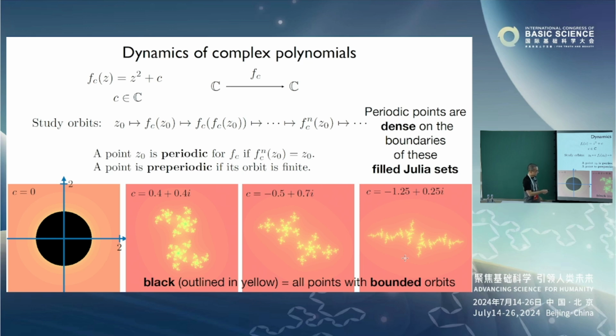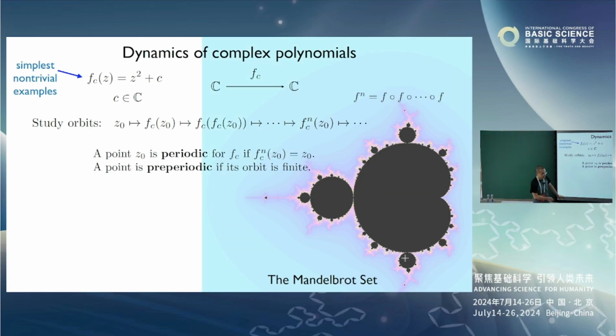So you see the Mandelbrot set, right? This is the parameter space, and for the points outside of the Mandelbrot set, the Julia set is totally disconnected. And for the points in the Mandelbrot set, it is connected. And the main conjecture of complex dynamics is MLC: the Mandelbrot set is locally connected. So this one is still open.